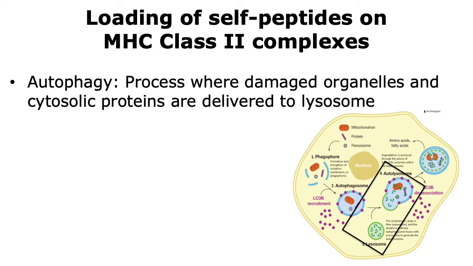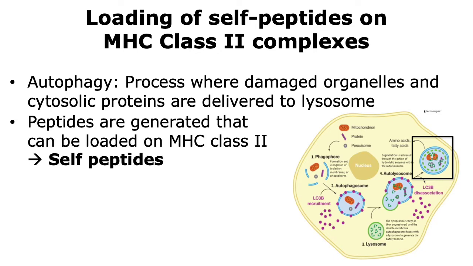The lysosomal contents will then act upon these damaged organelles and other cytosolic proteins that are present in that autolysosome and degrade them to form all kinds of different molecules, including peptides. And thus, in this way, we are able to form simpler components like amino acids, peptides, fatty acids, and so forth, from the damaged organelles or cytosolic proteins through the process of autophagy.